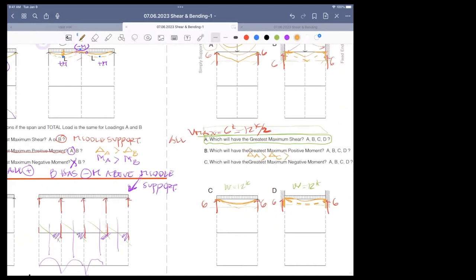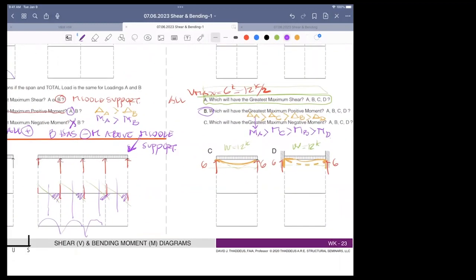I think the deflection for B is greater than the deflection for D. Okay, always think deflection and then transition. Must be the moment of A is greater than the moment of C, greater than the moment of B, and greater than the moment of D. So that answers this one. Which will have the greatest maximum positive moment? Must be A.